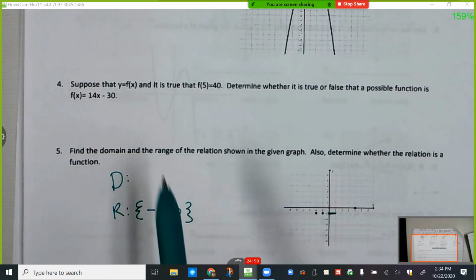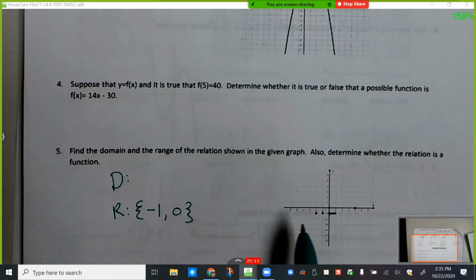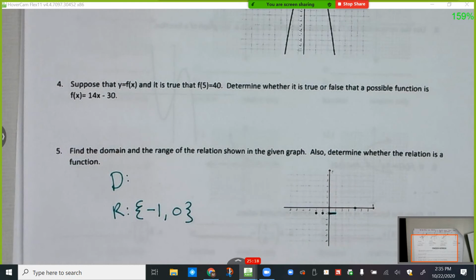Now domain is your left to right. So start farthest left and pay attention to your side to side. I think it's negative 2, negative 1, 0, 4. Wait, so if range is up and down, domain is side to side.